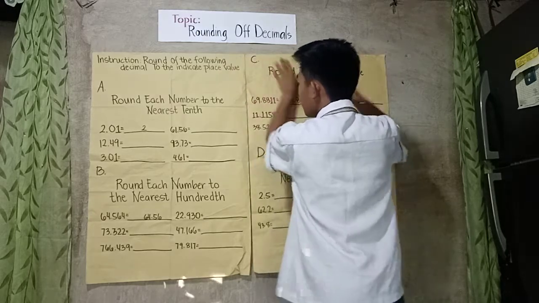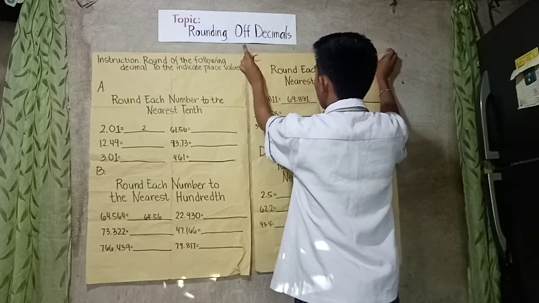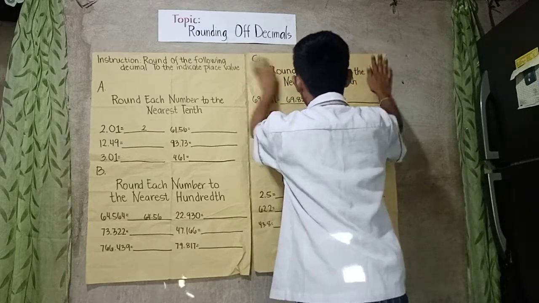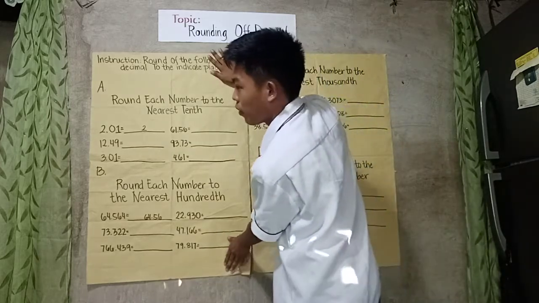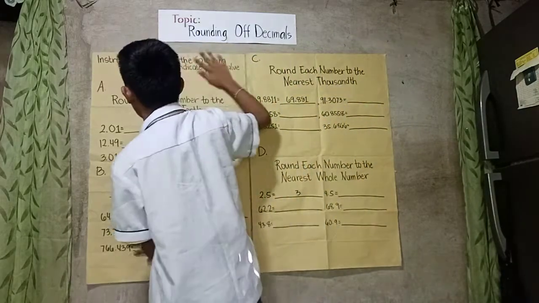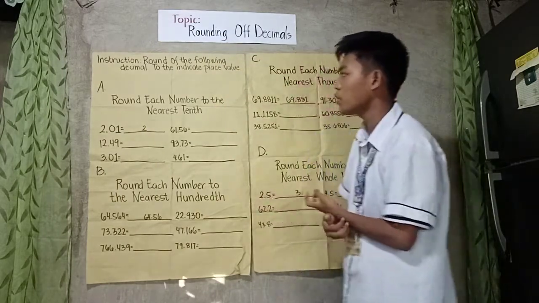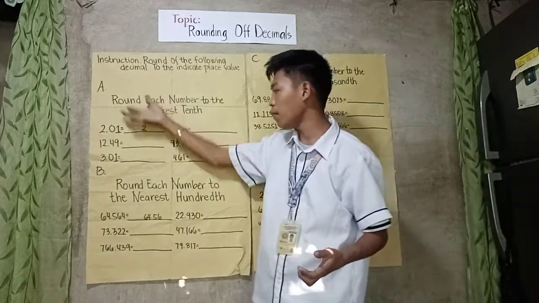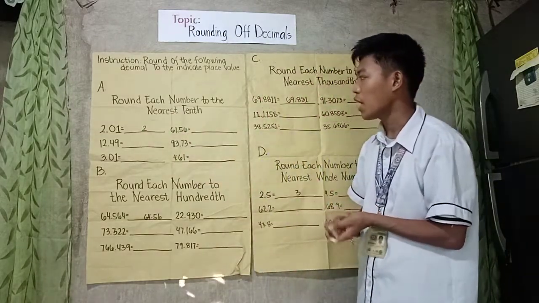So at this moment, I want you to answer this one in one whole sheet of paper. So we have here, you are to round off the following decimals to the indicated place value. So I have here A, B, C, D. For A, you are to round each number to the nearest tens.